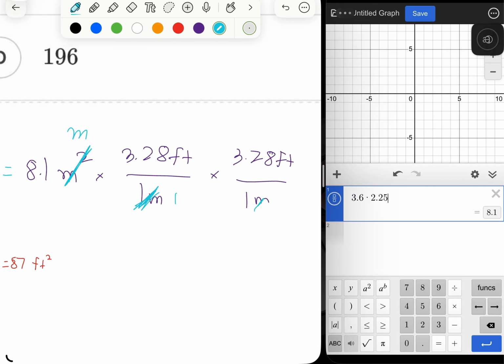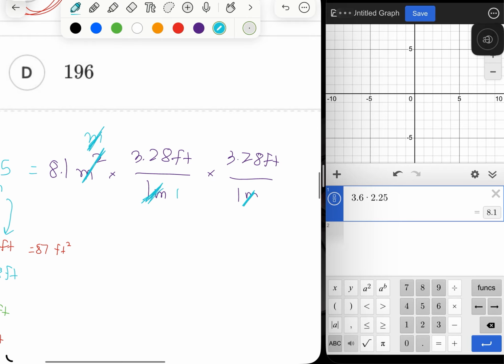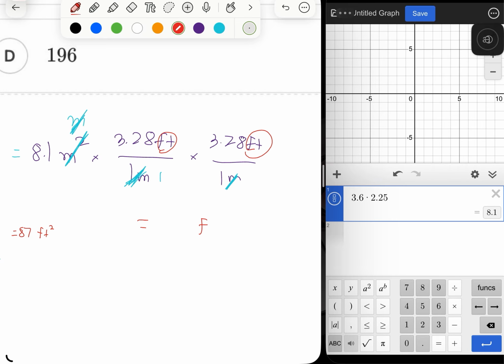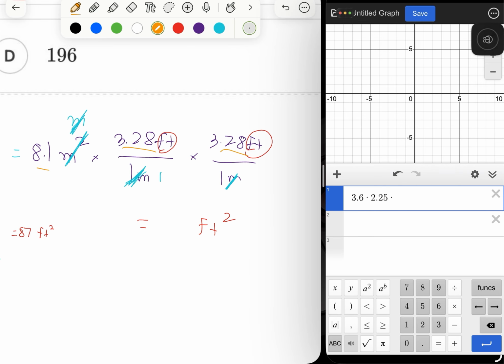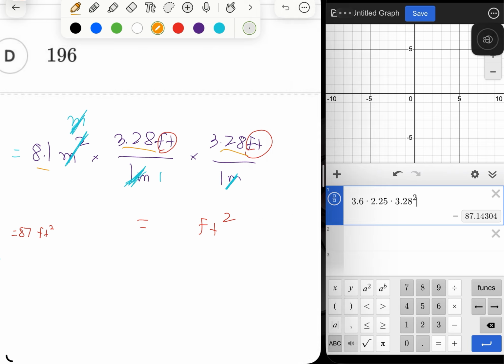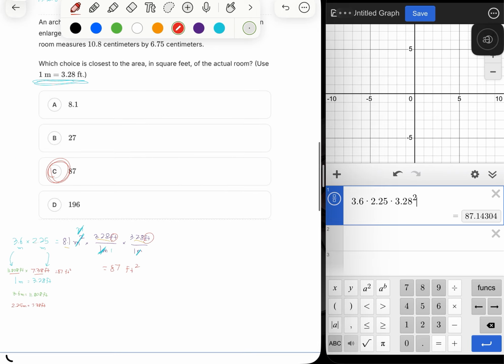Because now you can cross this second meter here with that additional one, and now you're left with feet times feet for your unit, which gives you feet squared. And if you multiply these numbers together, you get 87. Once again, that decimal, when we round it, you also get the same answer. So that's two ways you can do it.